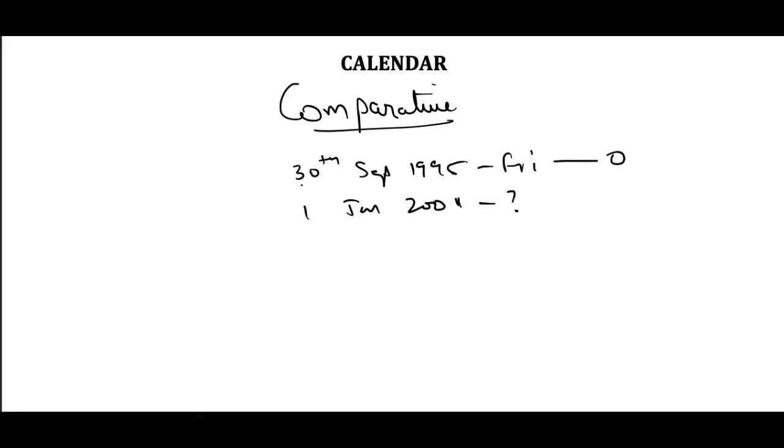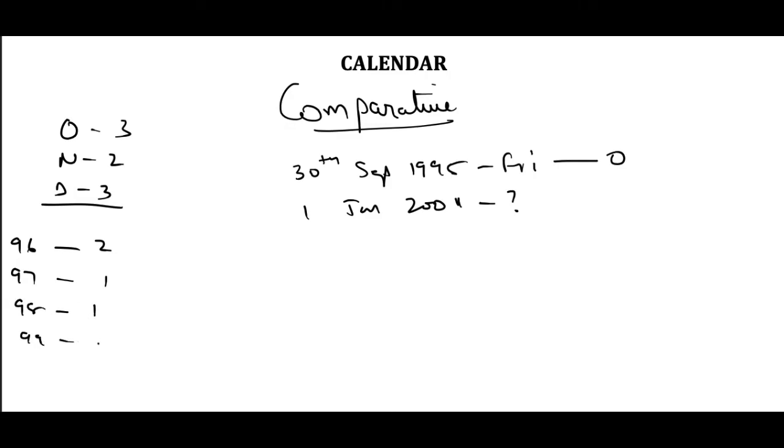As 30th September was Friday, we go to the next day, 1st of October. October has 31 days, which gives 3 odd days. We have November, we have December. So we complete 95. Now coming to 96, it's a leap year, and a complete leap year will give 2 odd days. We have 97 with 1, 98 with 1, 99 with 1, and 2000 with 2.